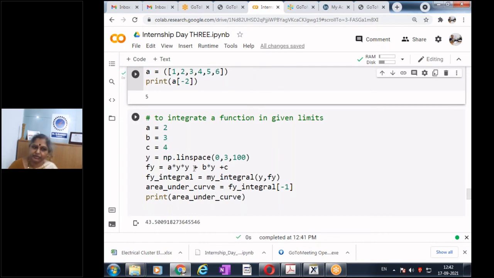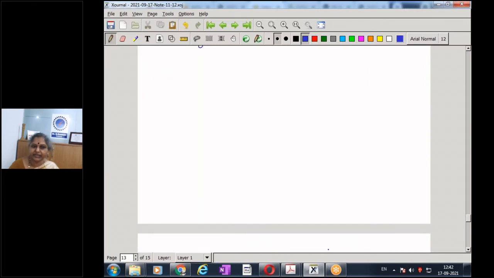We are trying to do 2y square plus 3y plus c, and we are integrating in the limits. We have f of y as 2y square plus 3y plus 4, and this is integrated in the limits 0 to 3.